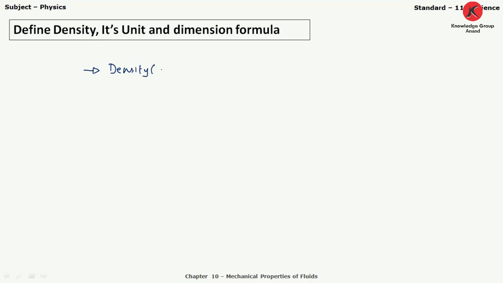Generally it is denoted by the symbol rho, and its definition is mass per unit volume. Mass per unit volume of a body is called density.